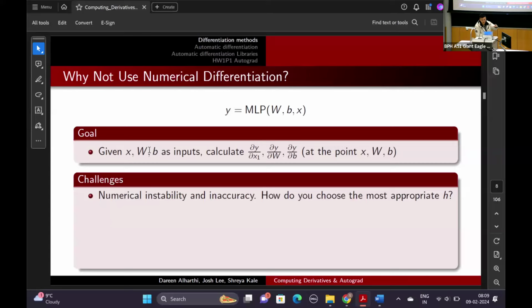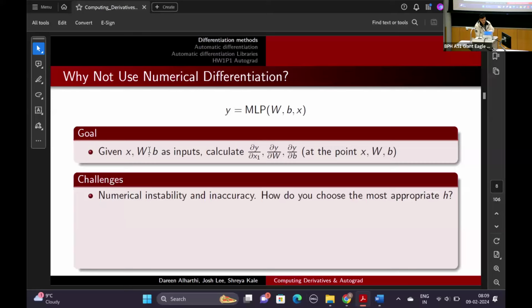That's one case. The other case is that if your x is like a billion, and you add to it 0.1 as an h, then you will just lose the 0.1. You will just have the x, so the h effectively becomes 0, and it will not be effective.